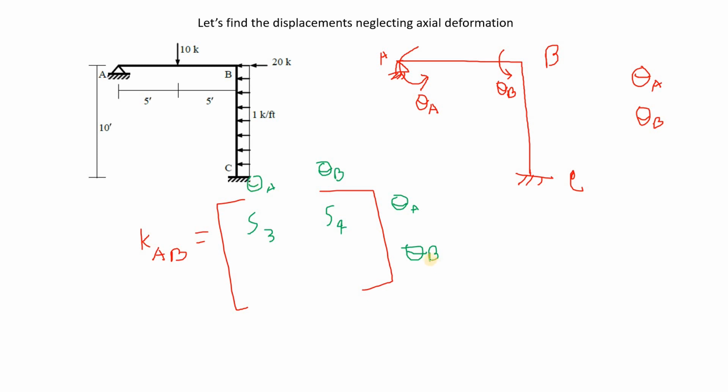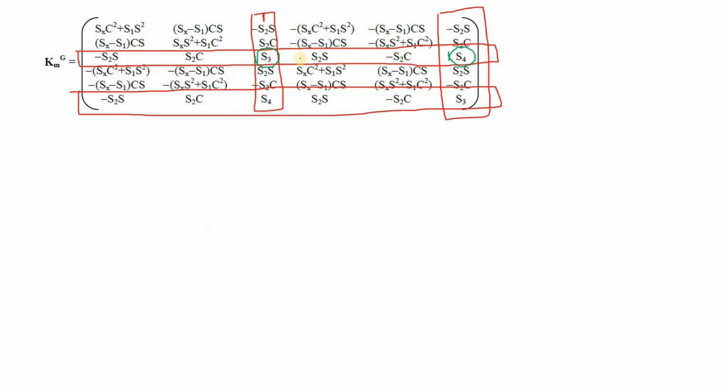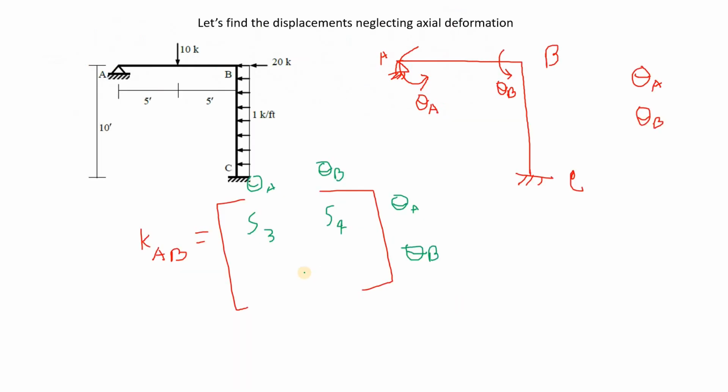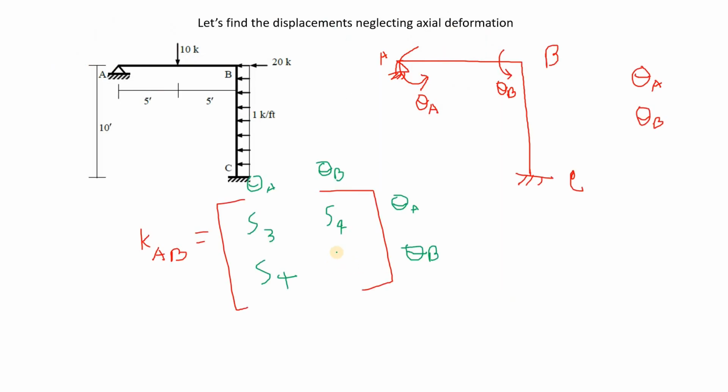Similarly, column 3, row 6 is, there you go, column 3, row 6 is S4. So S4. Right after that, column 6, row 6 is S3. So we have S3. So we have figured out KAB.